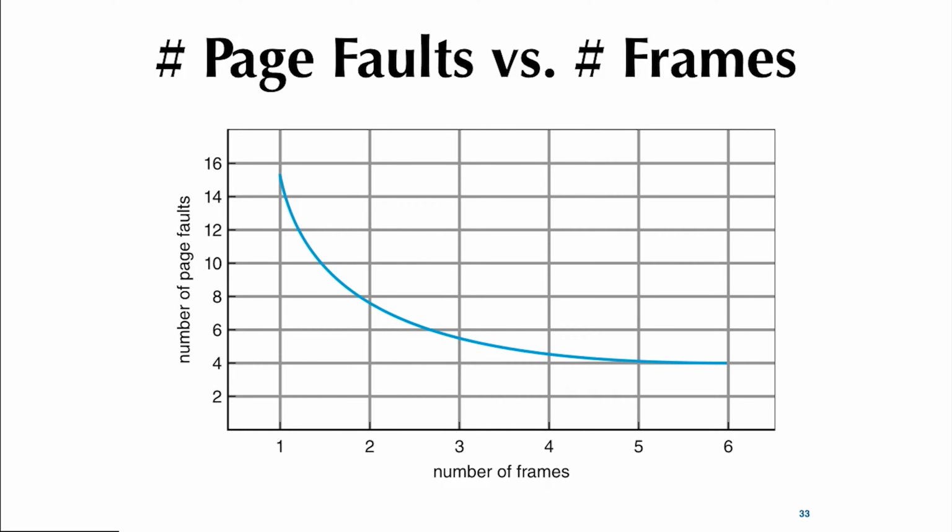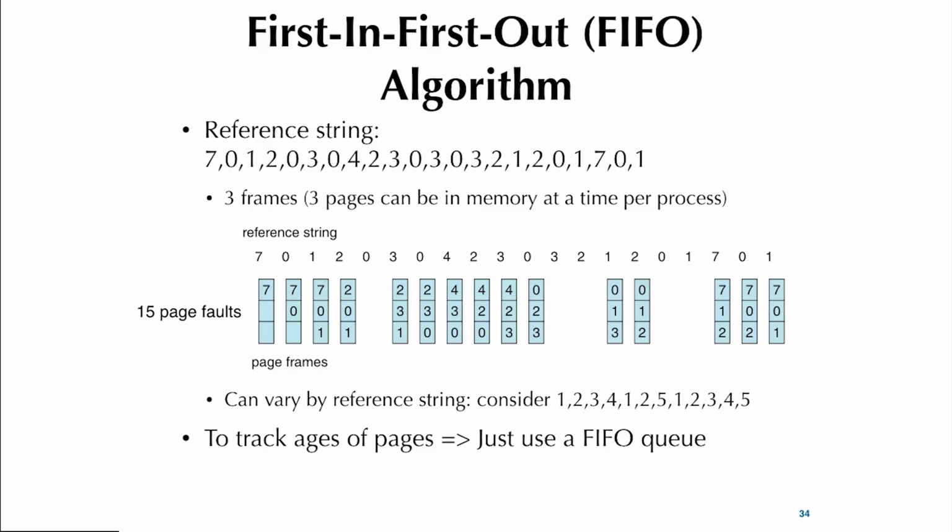But most likely, you don't have that many frames to serve the demands of all the pages, so you're going to have some page faults. But this is the trend you would expect. But is that always the case? Well, not really, because there could be some anomalies, which we'll talk about. But anyway, it depends on the policy as well.